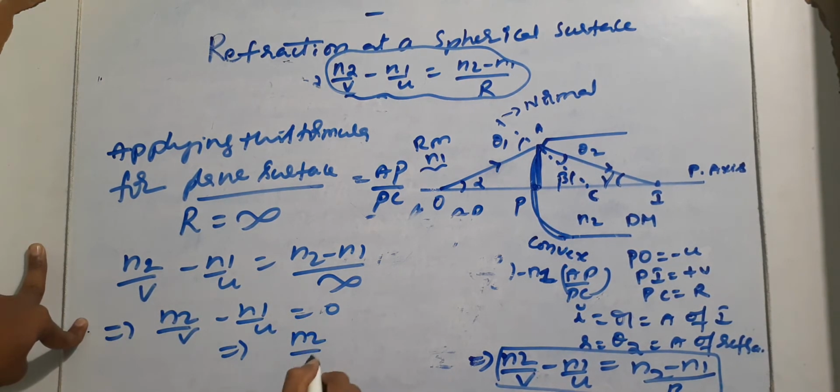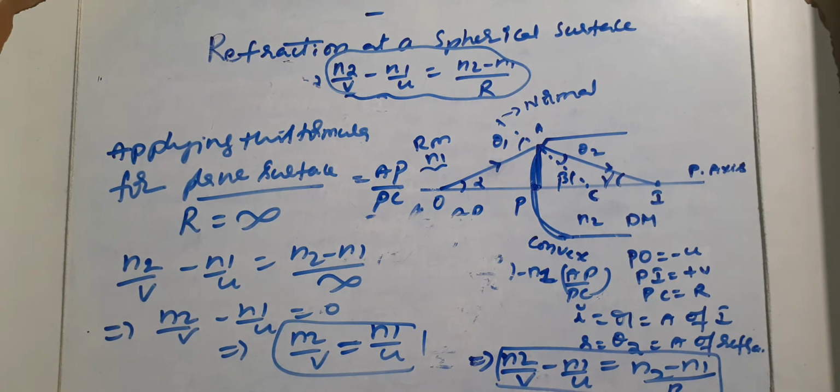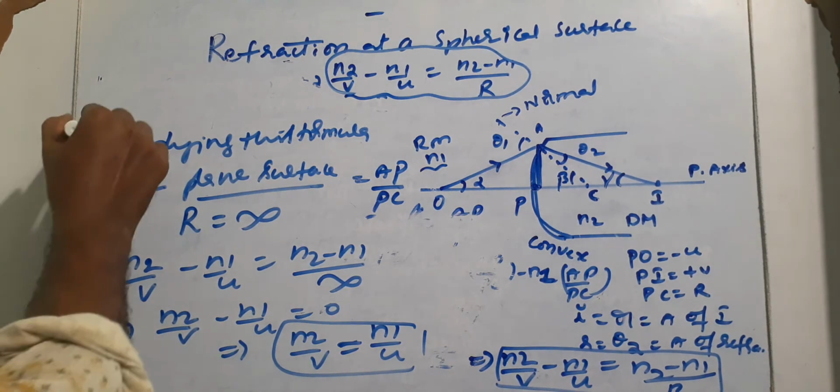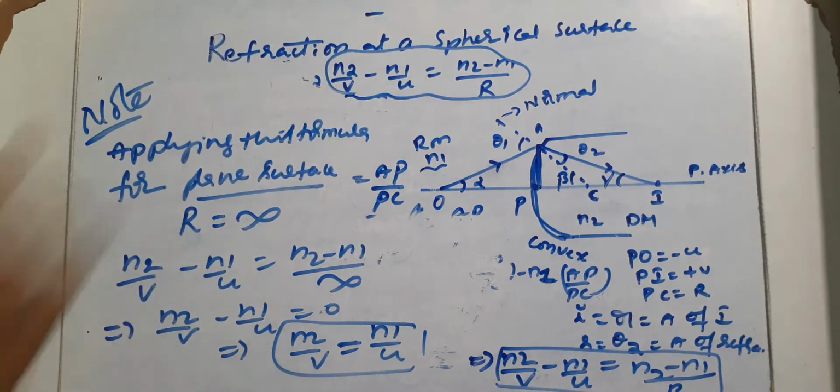Then n2 by v is equal to n1 by u. So when the refracting surface is not curved, when it is a plane, we use this formula. It is a special case, students. But that is the derivation of the topic, n2 by v minus n1 by u is equal to n2 minus n1 by r. That's all, students.